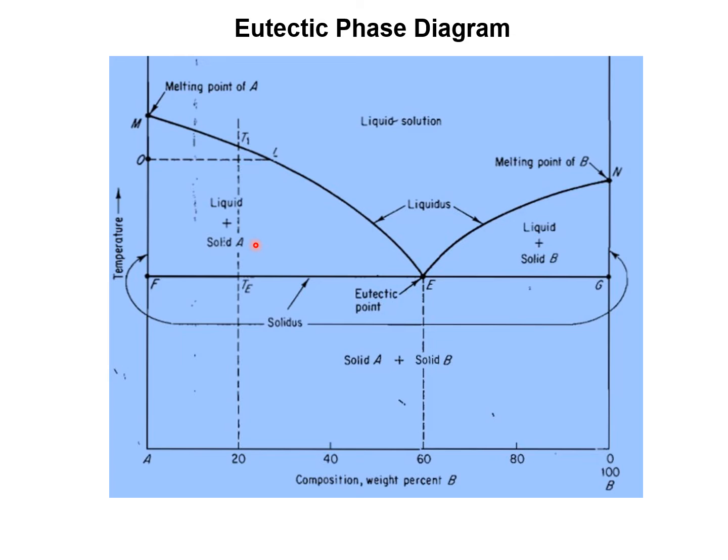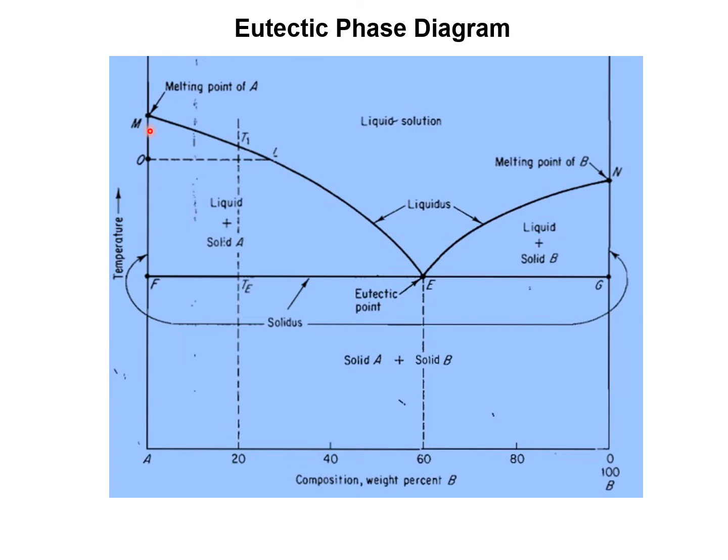Coming to this side, liquid plus solid B, because here the percentage of B is high, so the solid B grains are very high. Now below the eutectic point, it is entirely a eutectic mixture, which we call solid A plus solid B. So this is called the eutectic phase diagram.